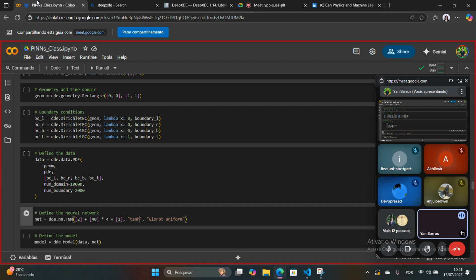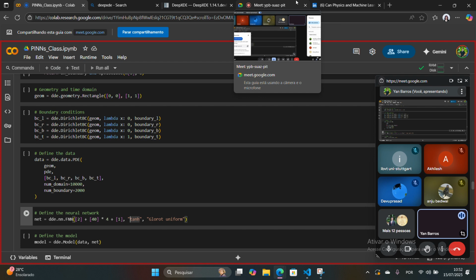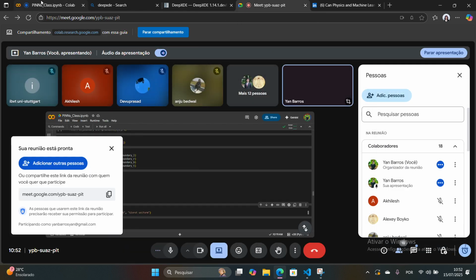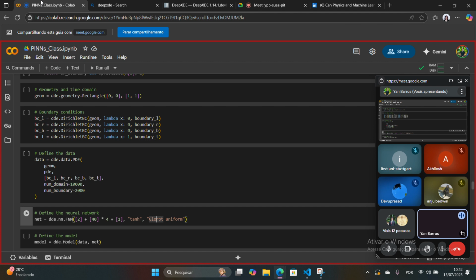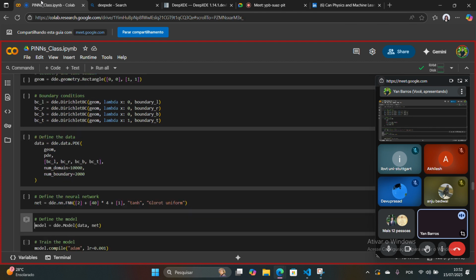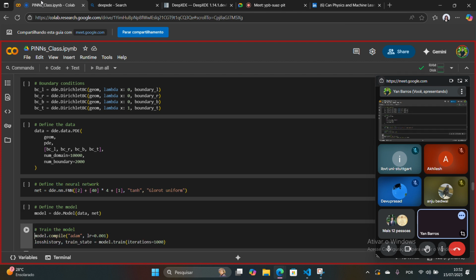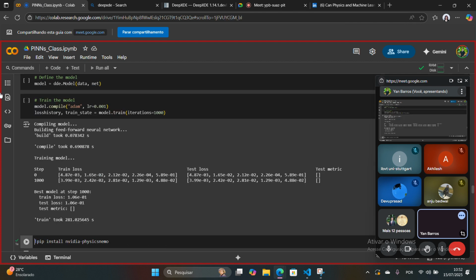Then we use hyperbolic tangent as the activation function, and we generate the datasets with global uniform sampling. So this is how we create the model using DeepXDE, and how we compile and train the neural network model. So this is how the outputs should look.